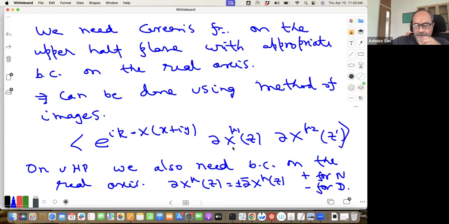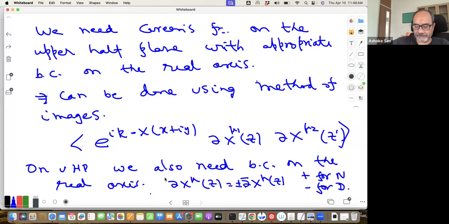And the point is, if we now put an image charge in the lower half plane, it doesn't affect the singularity structure, but it of course changes the correlation function, because on the full complex plane you also have additional singularities in the lower half plane.